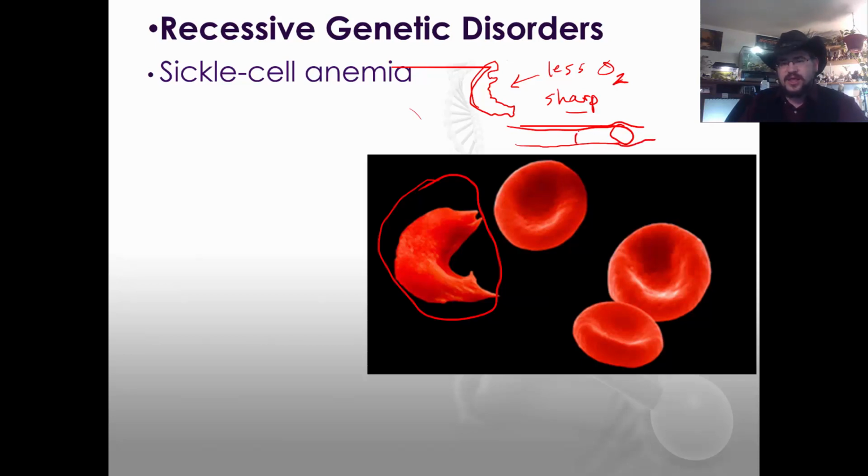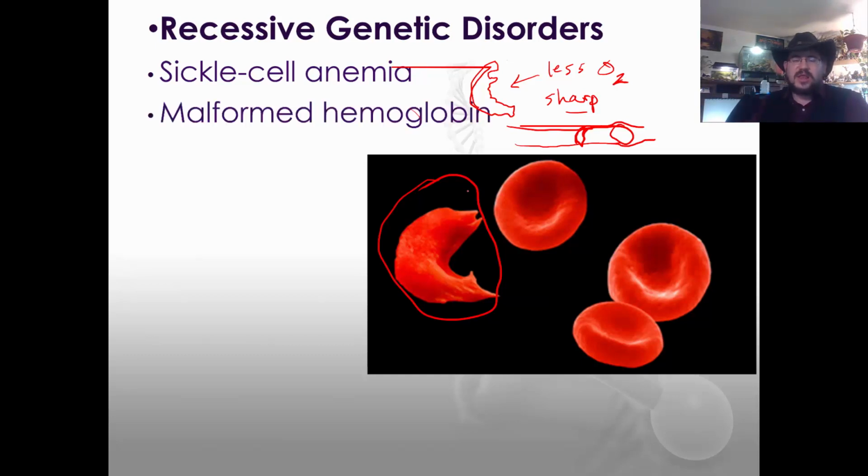And so a sickle cell in there can actually damage your capillaries. It can lead to people losing limbs if they get too much capillary damage in their extremities, like they'll lose toes and stuff. So sickle cell anemia, characterized by its malformed hemoglobin that results in sickle red blood cells.